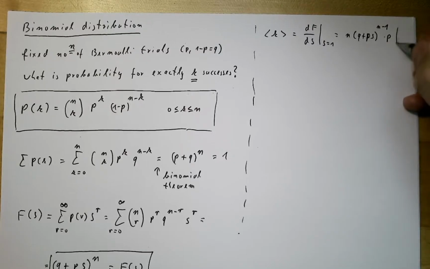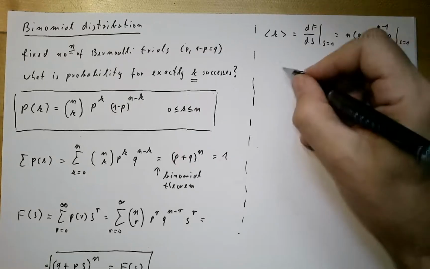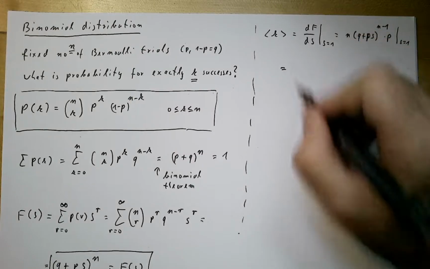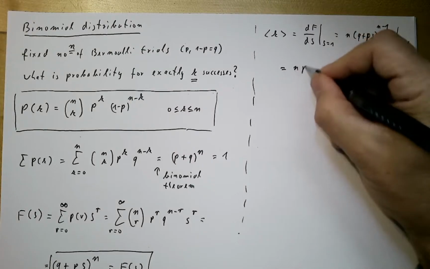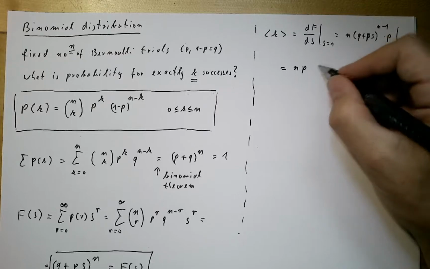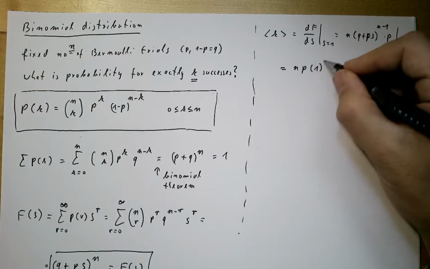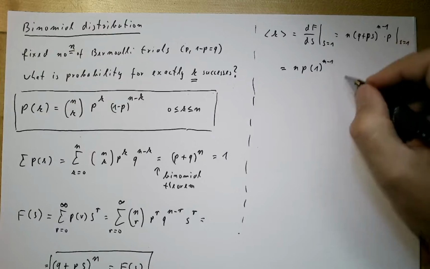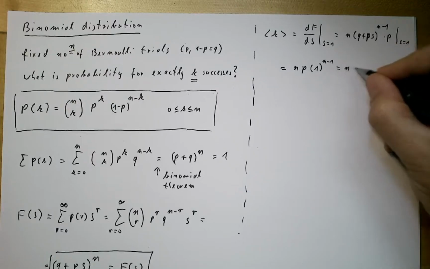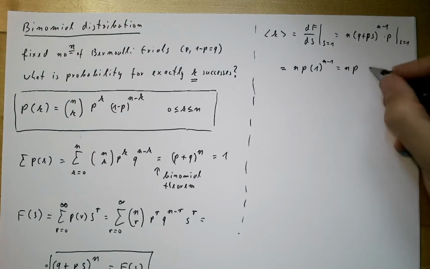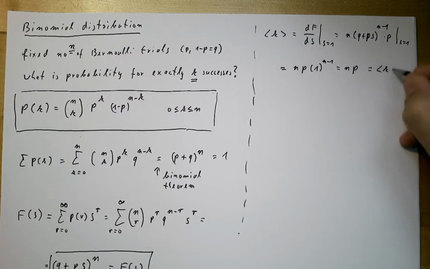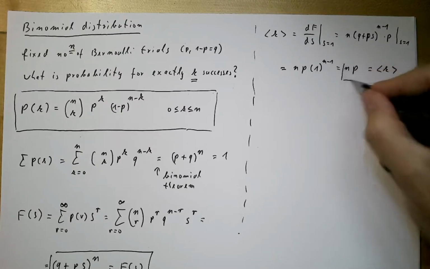Taking this at s equal 1 gives n times p times 1 to the power n minus 1. This is just n times p.